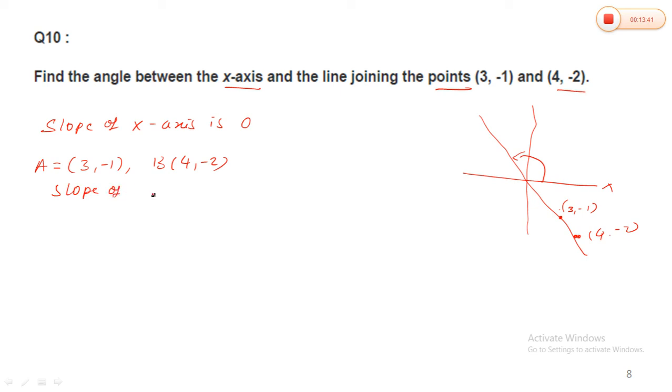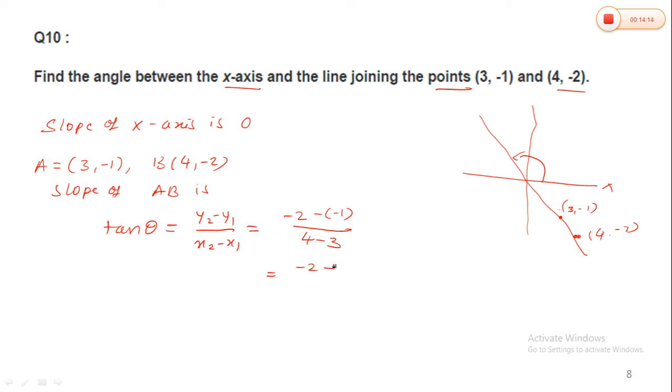Slope of AB, tan theta, is equal to y2 minus y1 divided by x2 minus x1. So this is equal to minus 2 minus of minus 1 divided by 4 minus 3. Minus 2 plus 1 divided by 1. This is equal to minus 1.